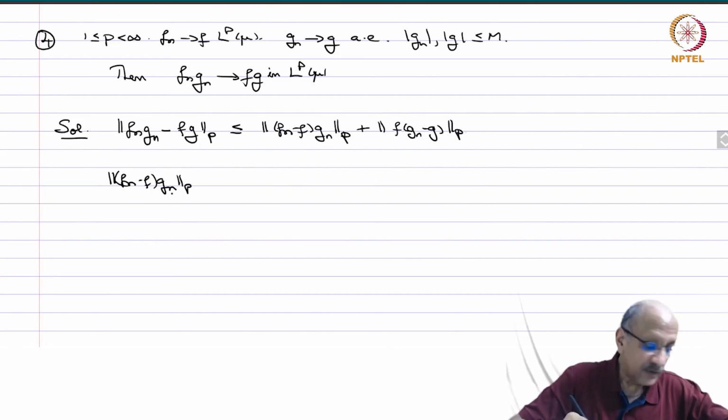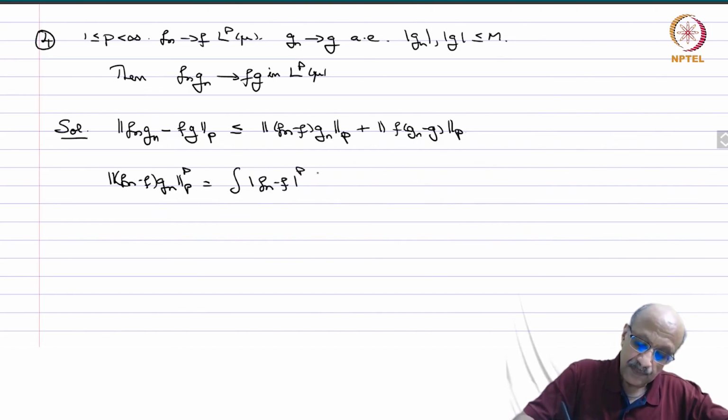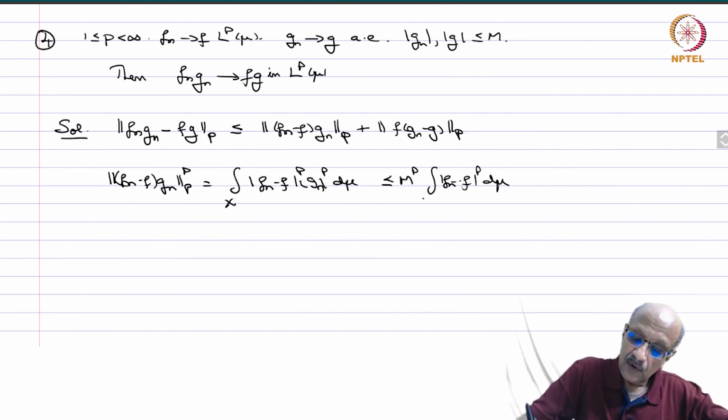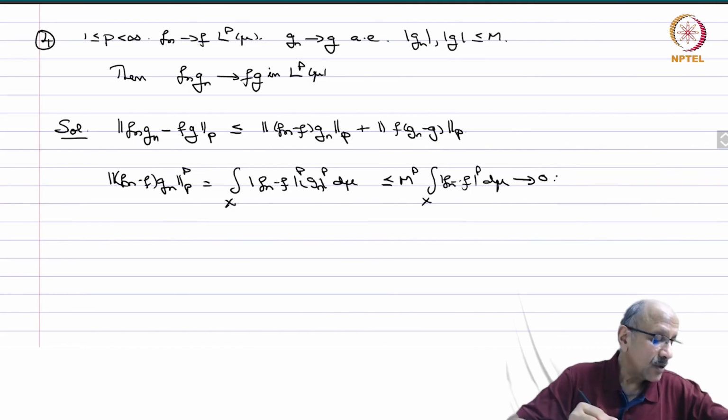Power p, this is equal to integral mod fn minus f power p mod gn power p d mu over x, that is less than or equal to M power p integral mod fn minus f power p d mu over x, and that of course we are given goes to 0.